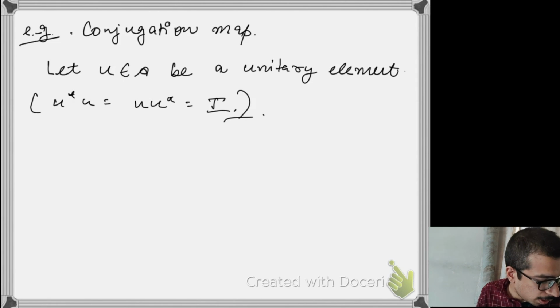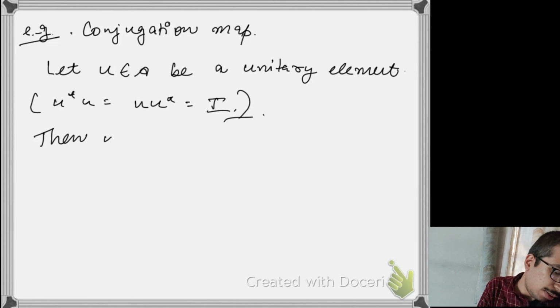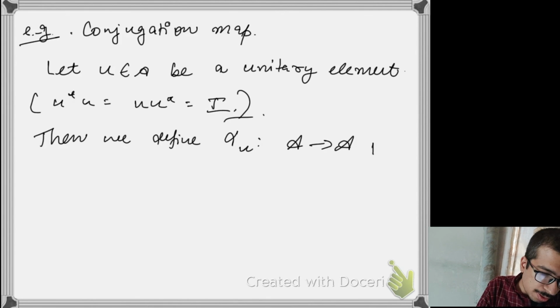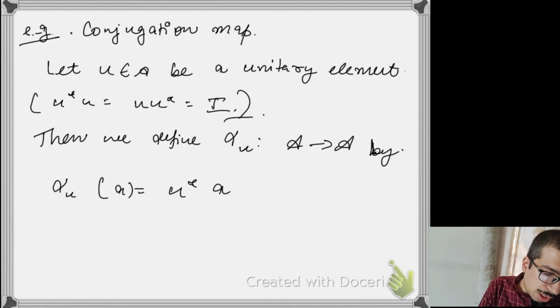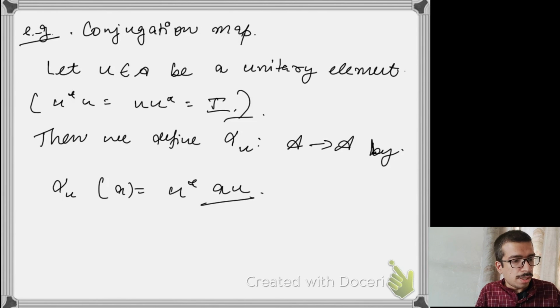That's what I mean by unitary element. Then given this unitary element, we can define alpha sub u from A to A by alpha u acting on A as u star A u, right?